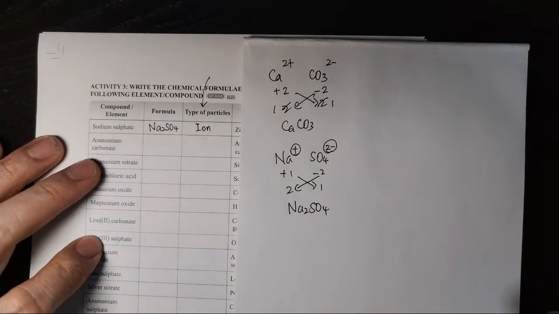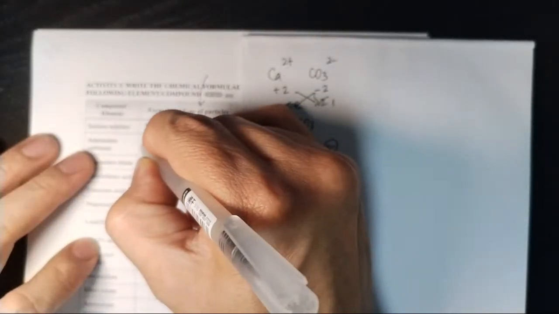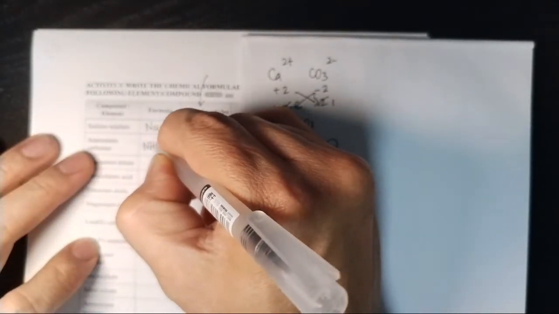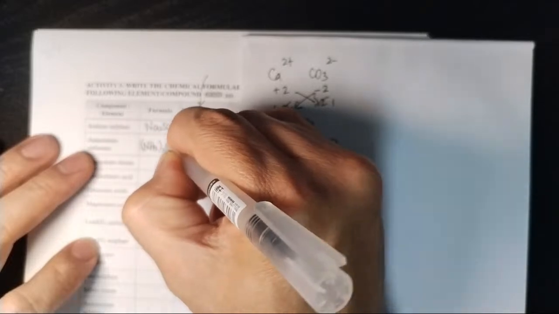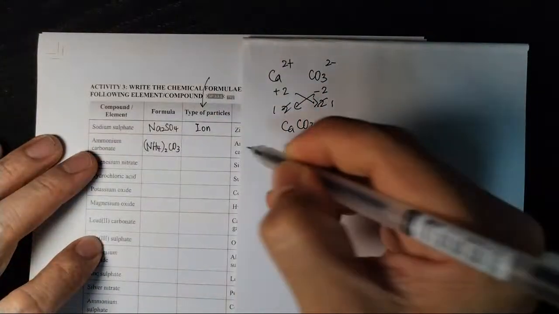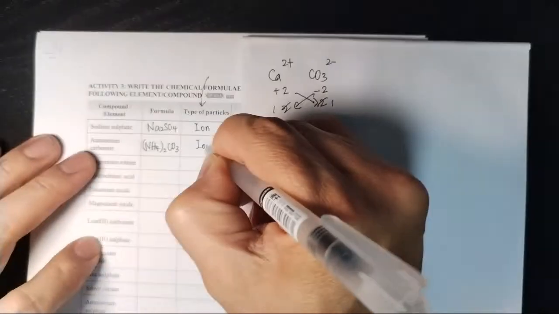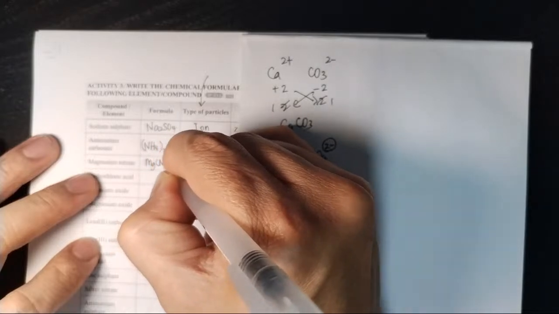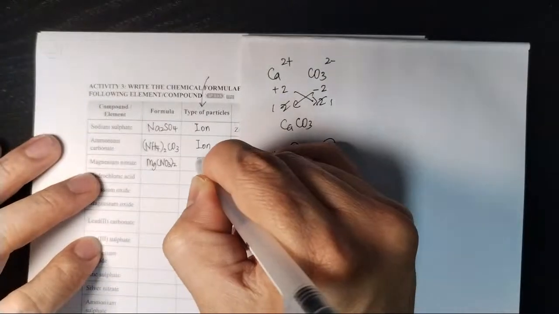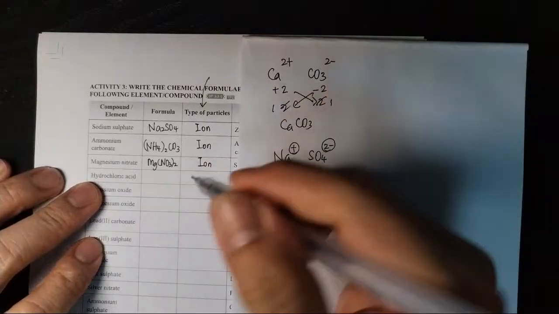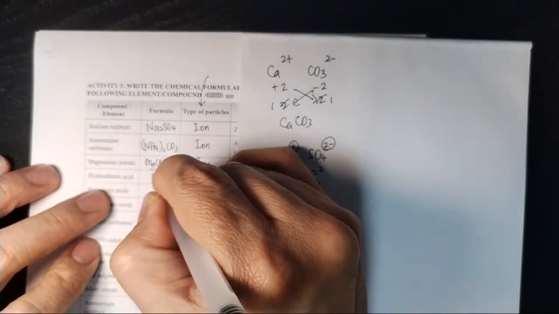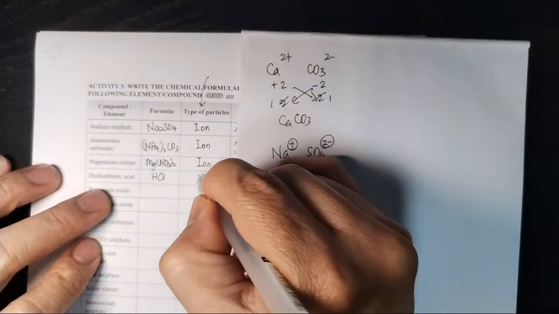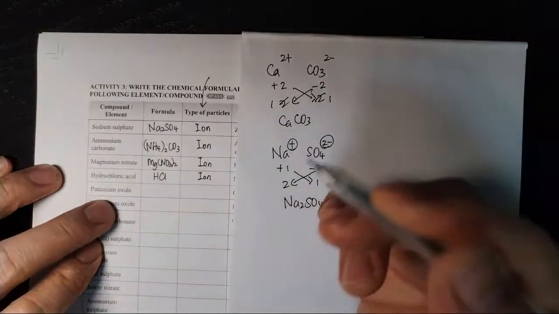Can or not? So ammonium carbonate, (NH4)2CO3. Inside there also are ions. Okay, magnesium nitrate, also ions. Hydrochloric acid, HCl, inside there also ions.